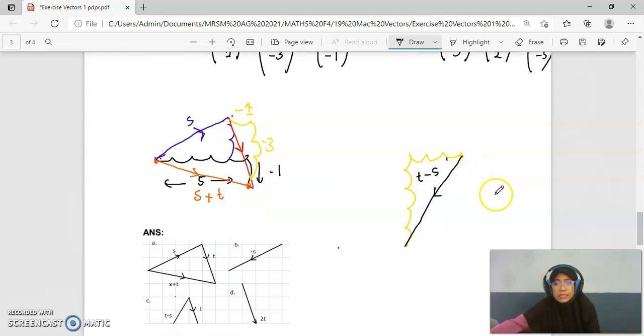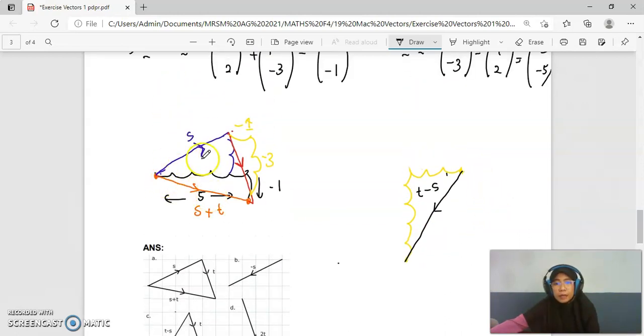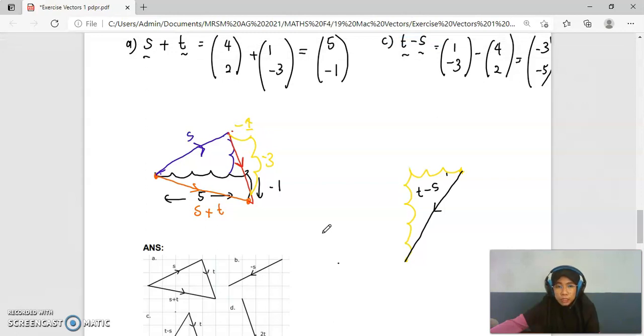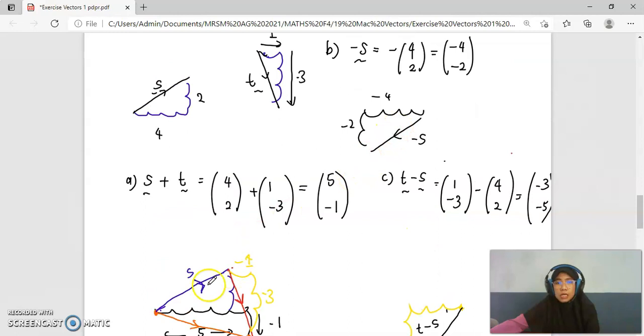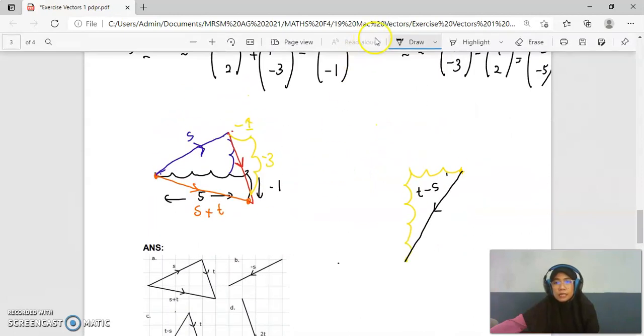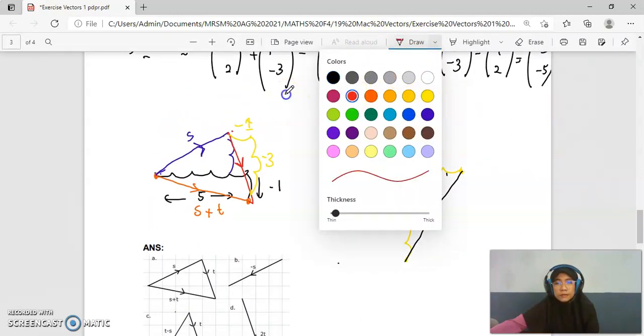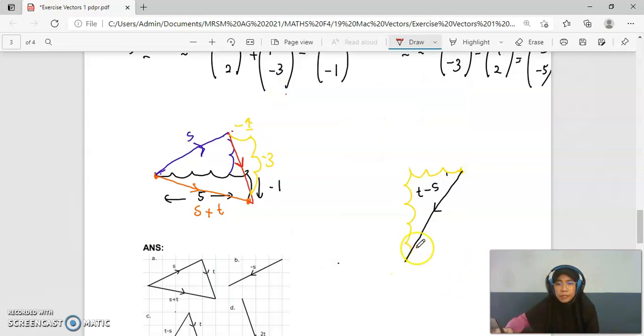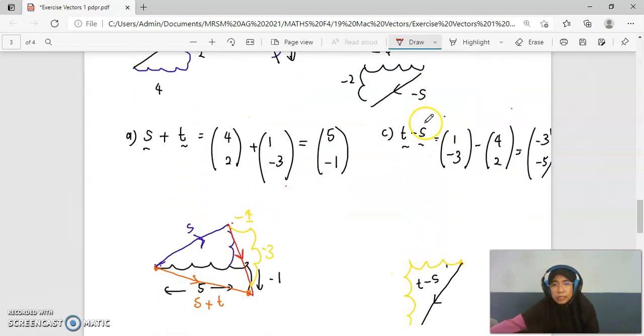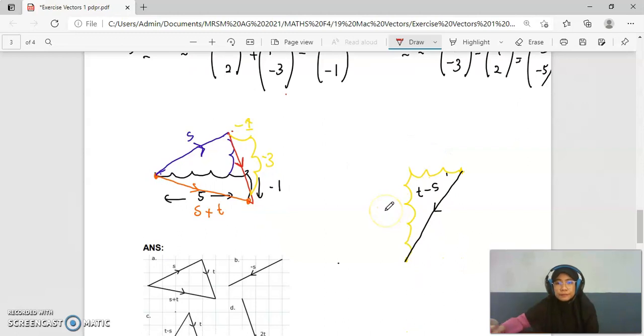So how about t? t is still located at the original position because it's already positive. However, for s it would change direction. So s is here, negative s is here as you drew just now. Negative 4, negative 2.